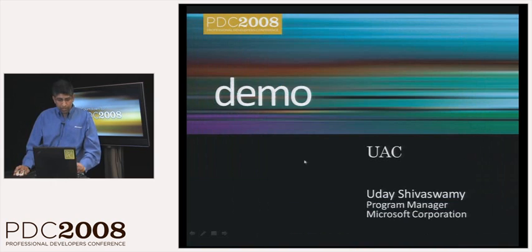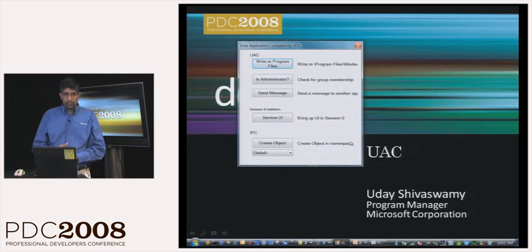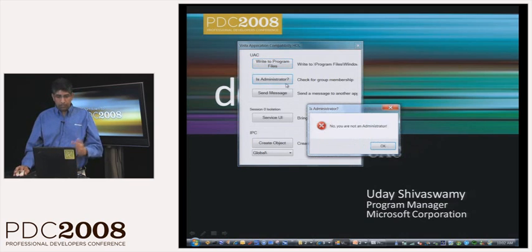So what does that mean? That means that when applications running as a standard user write to privileged folders, those writes are redirected, and at the same time, when the application tries to read it back, it will get the virtualized file from the redirected folder.